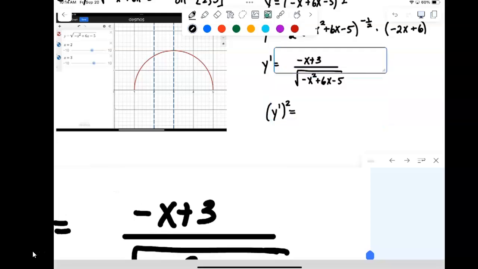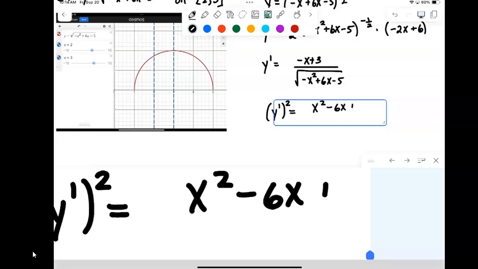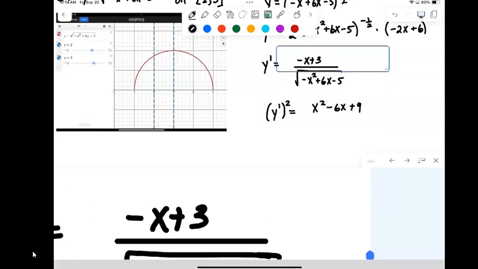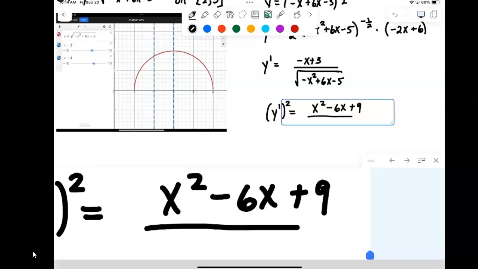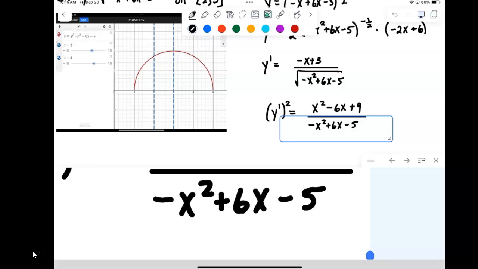Negative x plus 3 times negative x plus 3 will be x squared minus 6x plus 9. And when you square the denominator, it's just going to be negative x squared plus 6x minus 5.